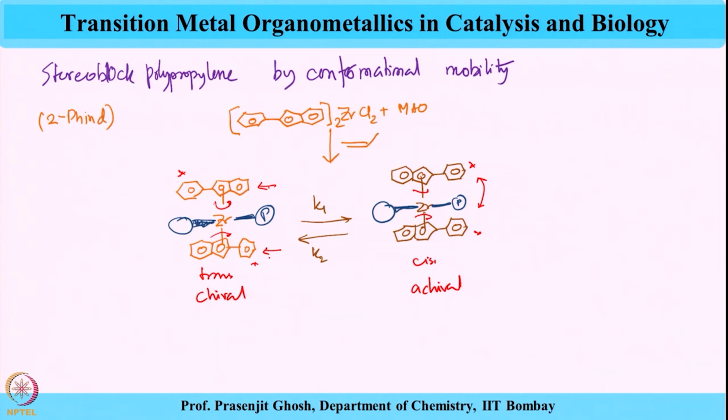When it is cis it is achiral, when it is trans it is chiral, and as a result, when the polymerization occurs in this conformation, then atactic polypropylene is obtained.